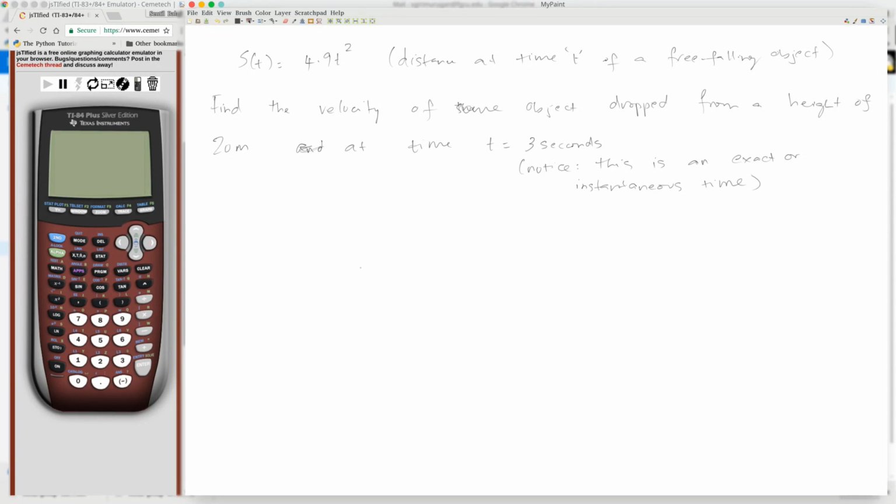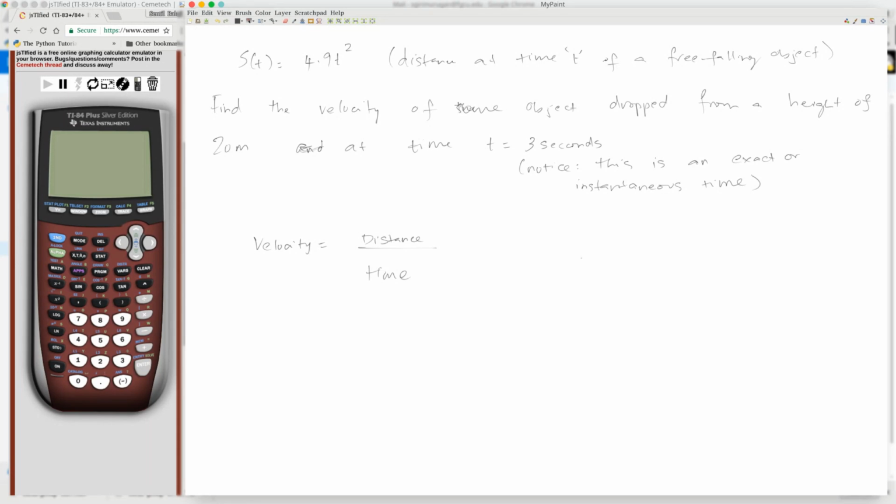At some arbitrary time, the distance would be s of t, and we are trying to find the velocity at 3 seconds. So we know velocity is distance over time.